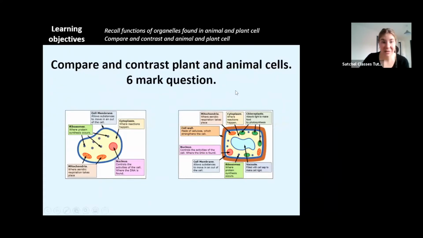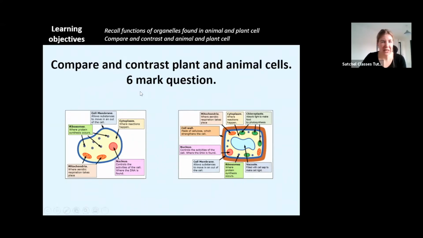Let's have a go at a 6-mark question. This is taken from a GCSE 6-mark question, and it says compare and contrast plant and animal cells. Now look at this command phrase, compare and contrast. That essentially means things that are similar or the same and things that are different. It's 6 marks.